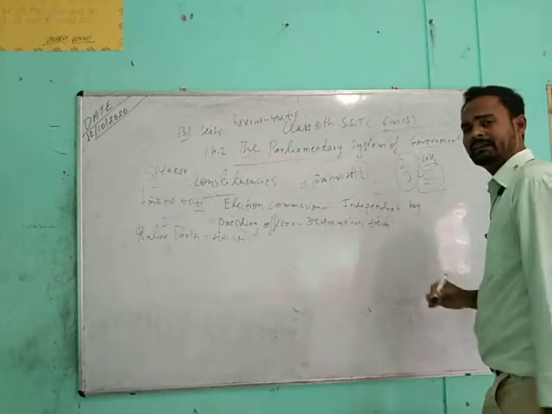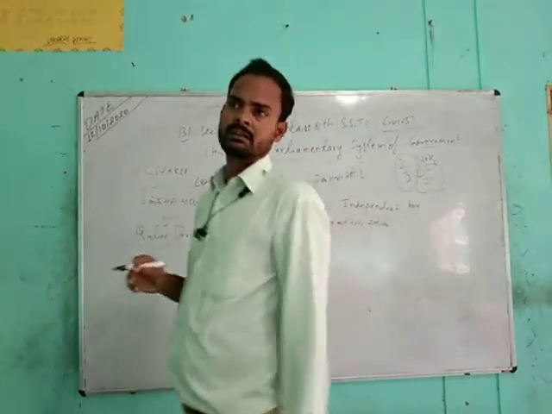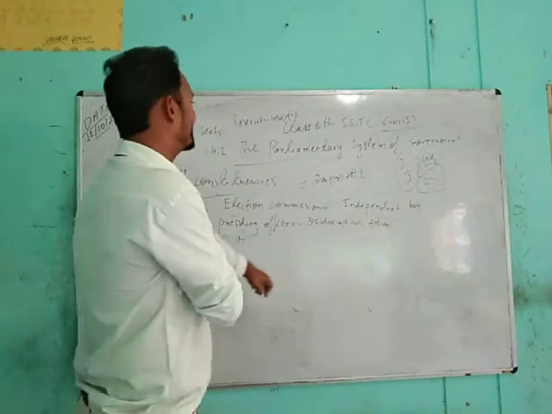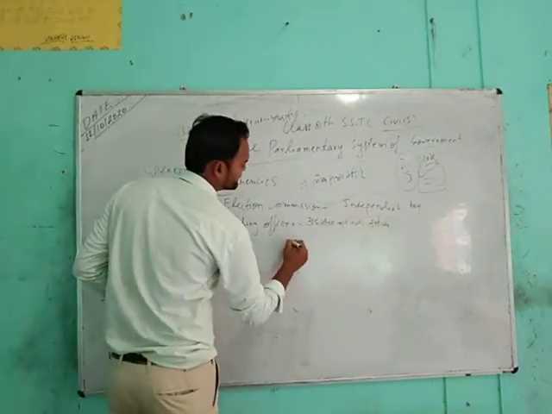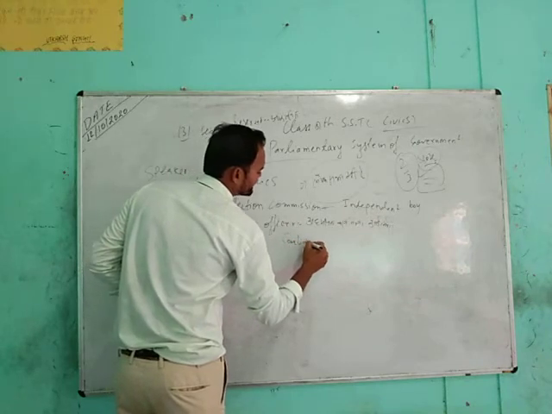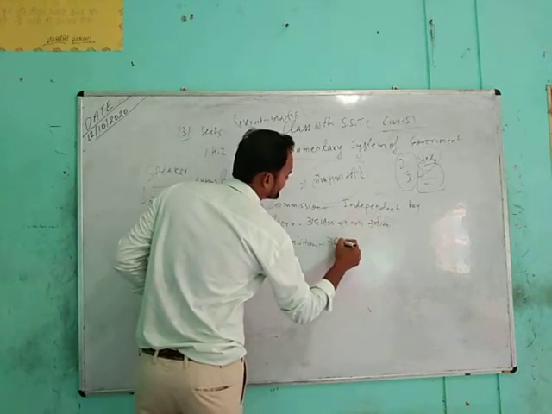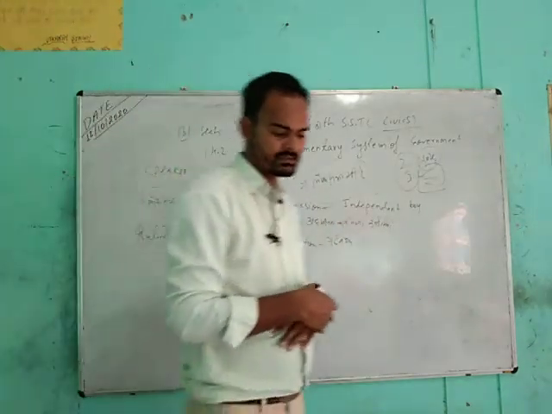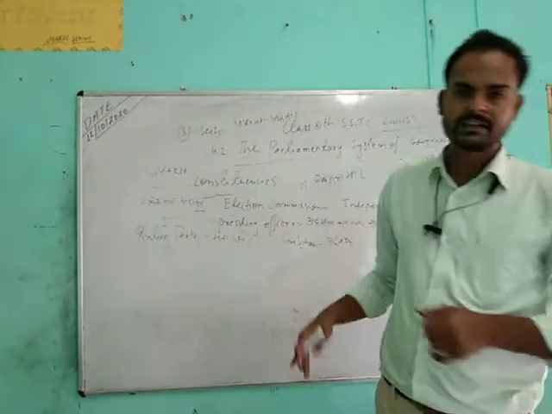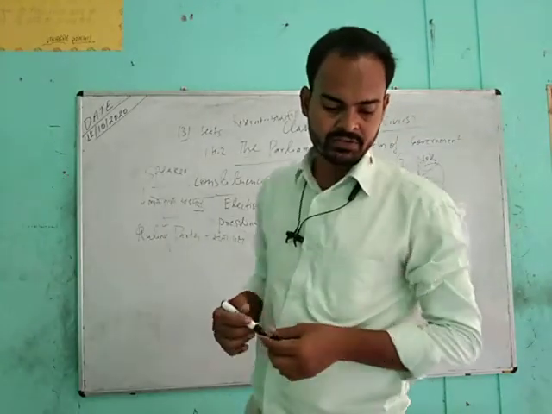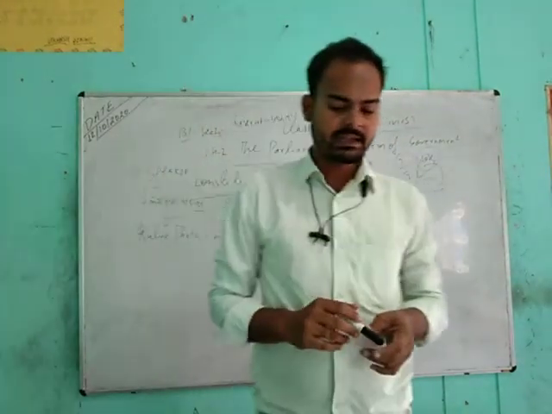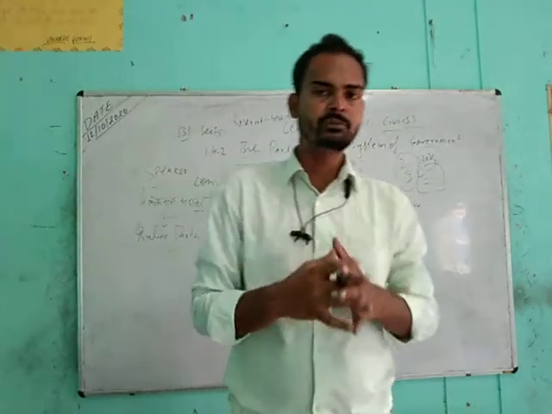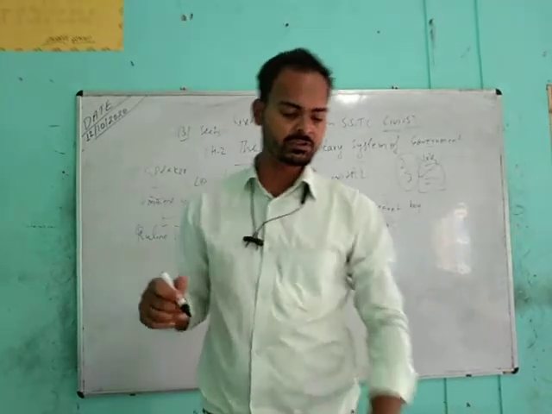If any party does not get the majority in Lok Sabha, then a coalition of different parties forms the government. What is a coalition? Students, a coalition of different parties comes about if there is no majority for one party, and at that time two or more political parties form a government that is known as a coalition government.